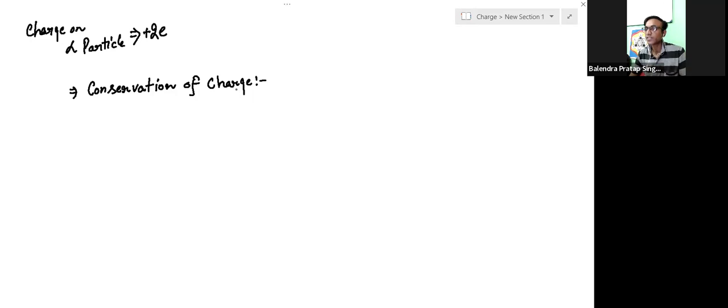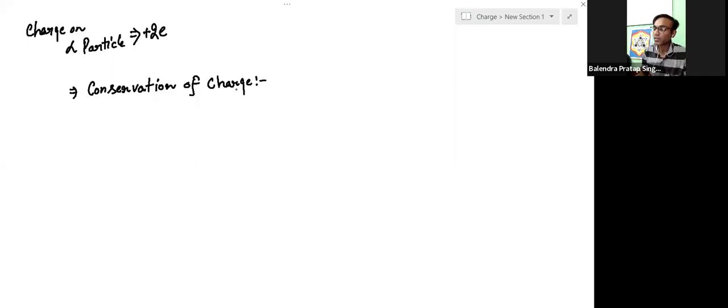It exists in nature. But you can transfer charge from one system to another, but you can't create or destroy charges. This is what we call conservation of charge. Or you can say the total charge of this entire universe is constant or conserved. Charge exists in nature as it is.